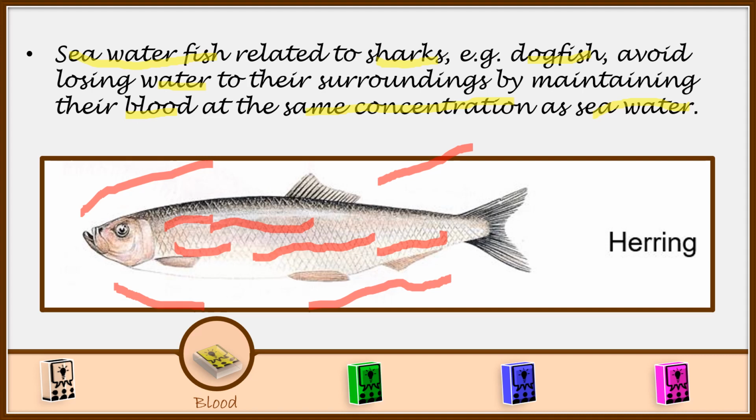Inside the fish, the concentration is going to be the same as that in the seawater, so the net flow of water will be the same. Water coming in will be the same as water going outside because of the equilibrium.